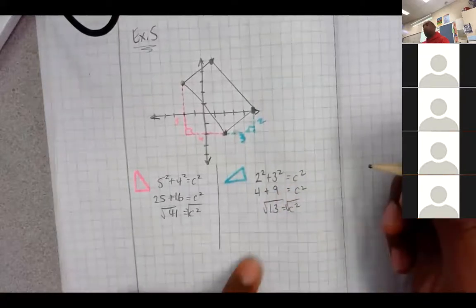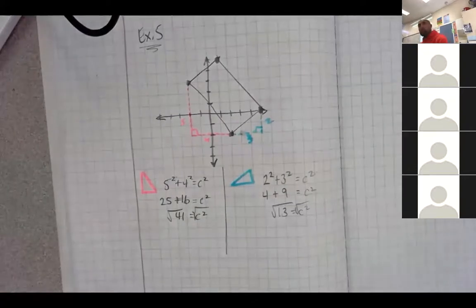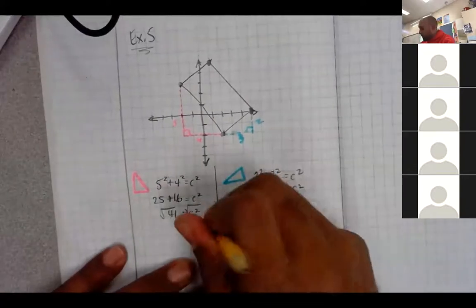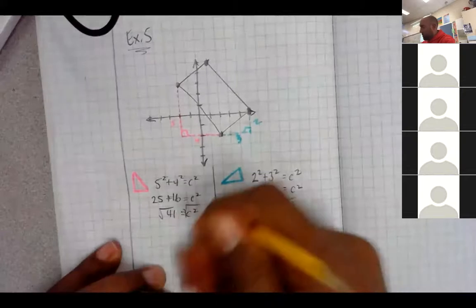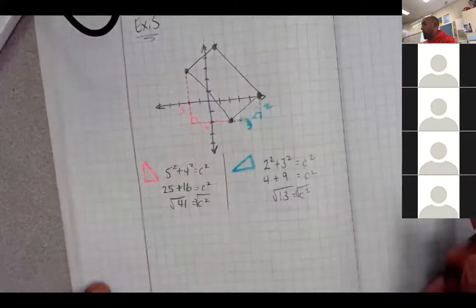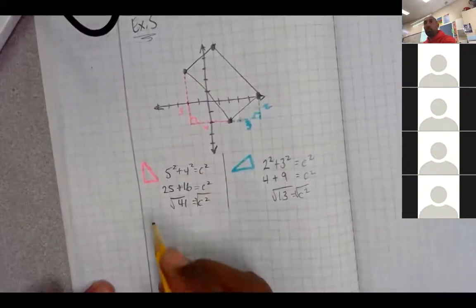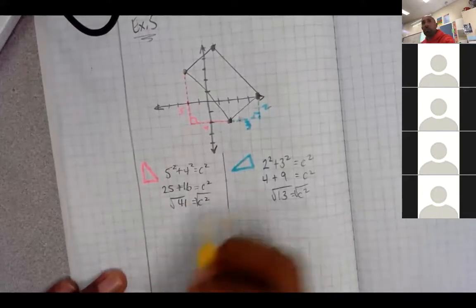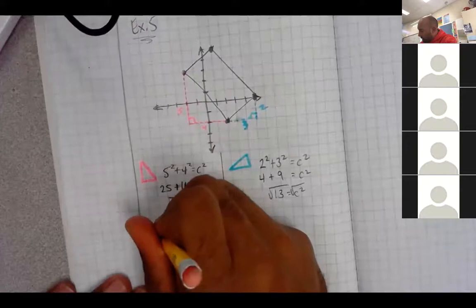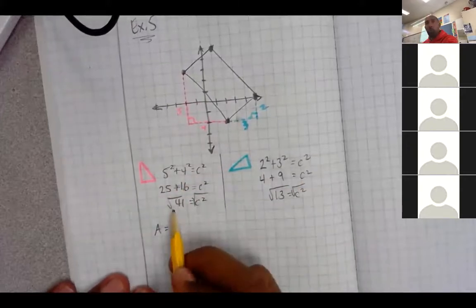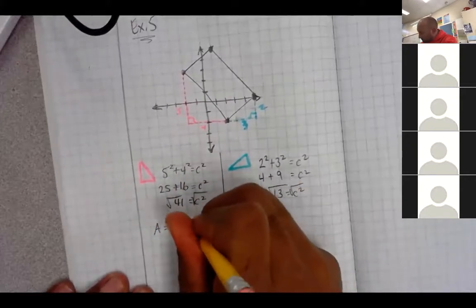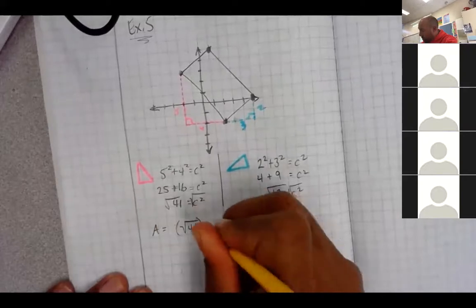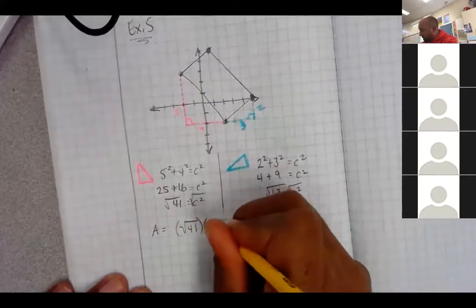Now, because I'm going to multiply this to find the area and the perimeter, I don't need this extra space down here. I'm going to do this a little differently. Instead of looking for the decimal right now, I am going to just take the square root of 41 and multiply it times the square root of 13.